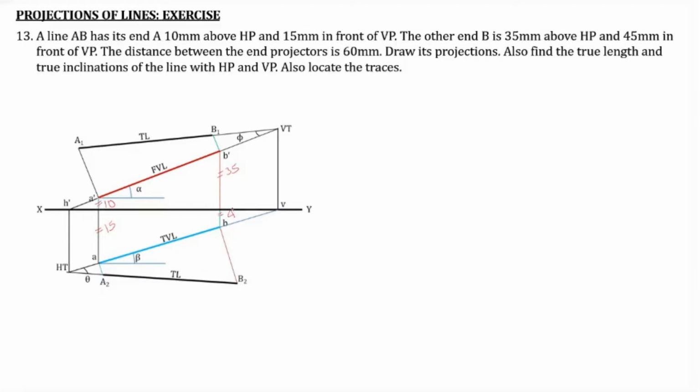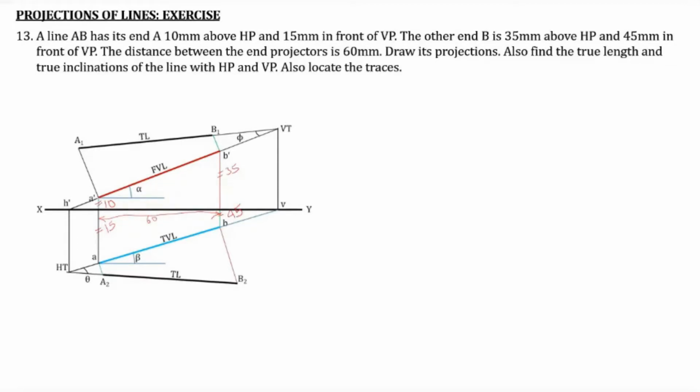Then the distance between the end projectors, that is this distance, is given as 60 millimeter. So these are the data that are given. This problem with a different set of data we have already done.